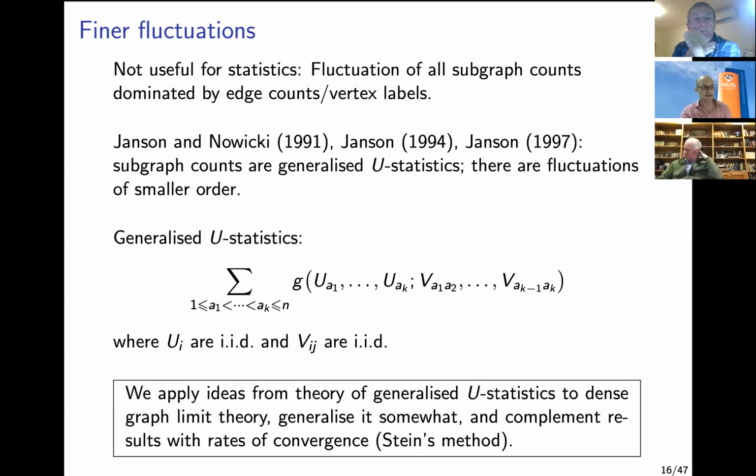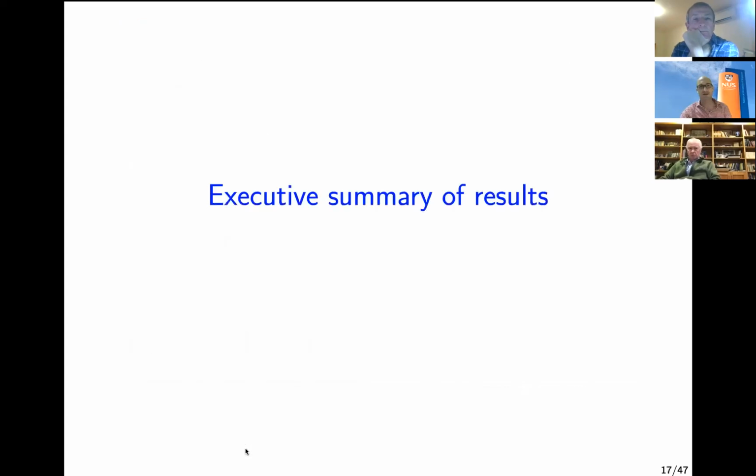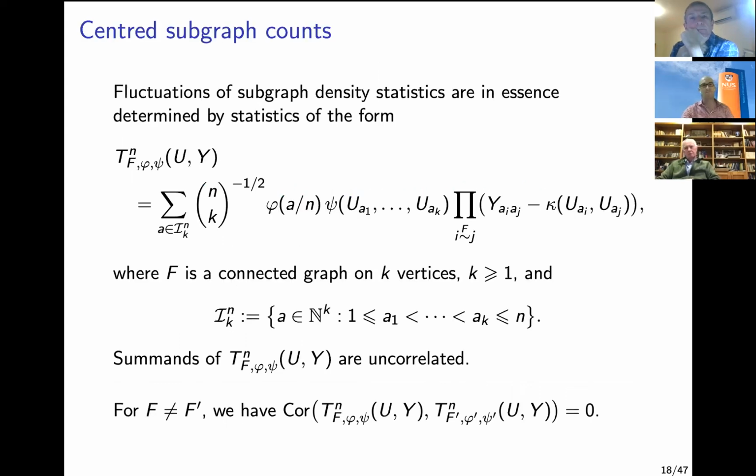So what we're doing is essentially applying this theory to the dense graph limit theory, and we generalize it in some aspects that I will talk about later, and we'll complement this with rates of convergence using Stein's method. So let me give you an executive summary of the results, the high level picture.